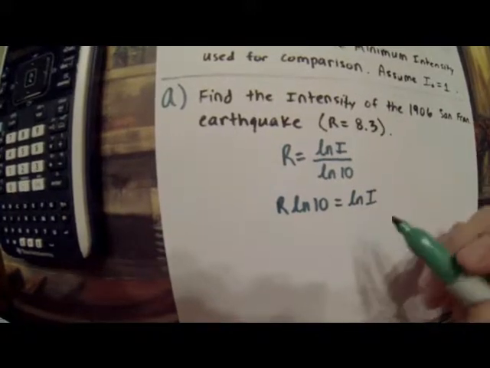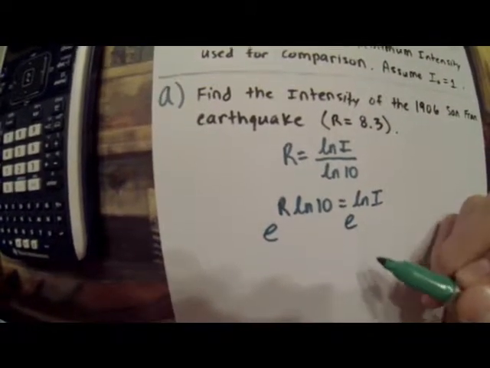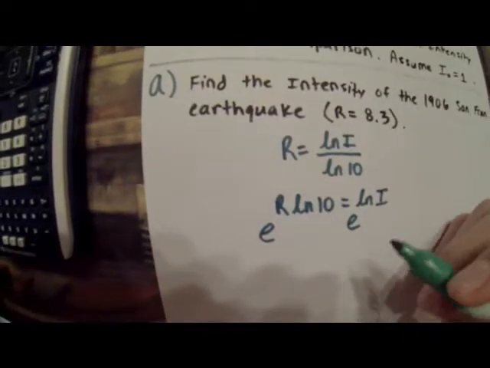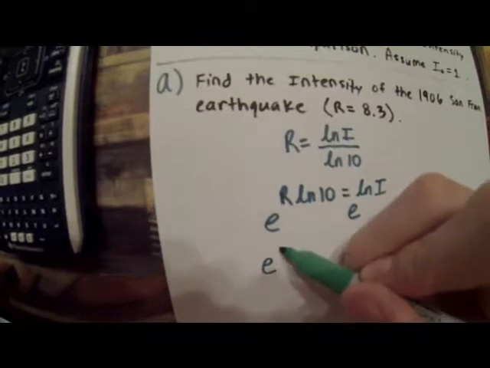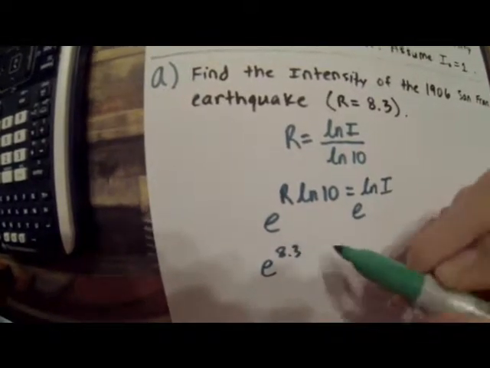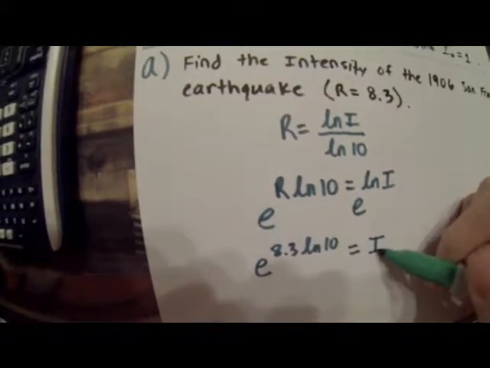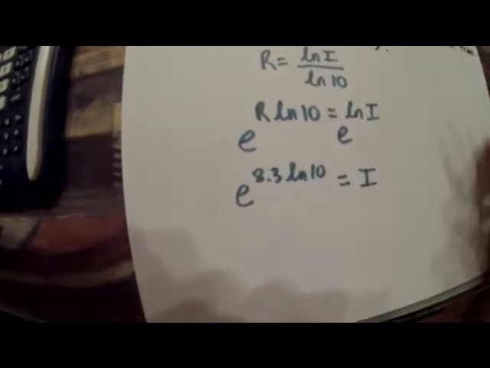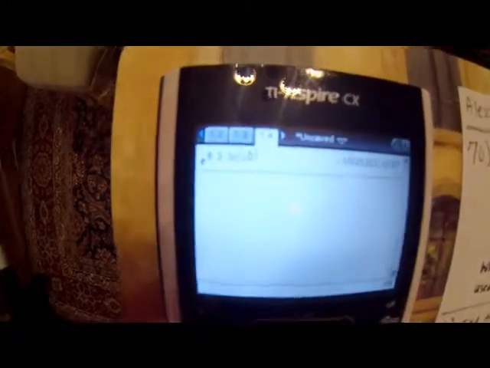If we raise both sides of the equation by e, then we can see that e to the 8.3 times ln of 10 equals I. So all we have to do is plug that into the calculator, which I already have done, and we get this number.